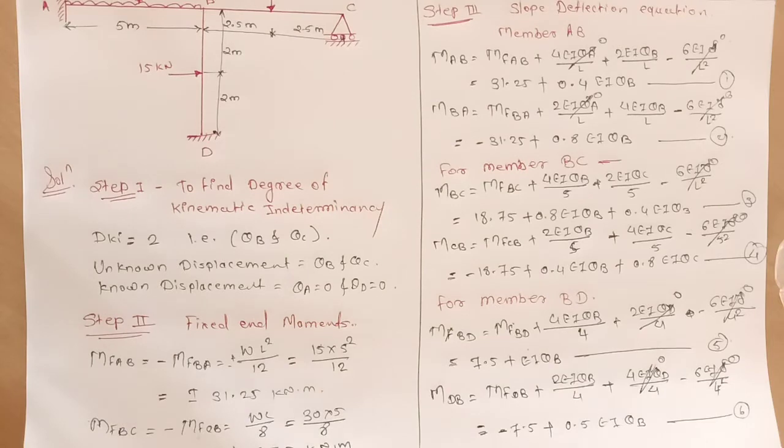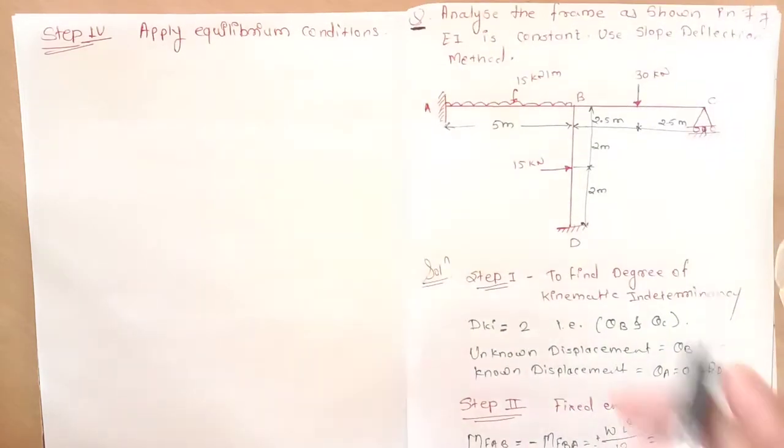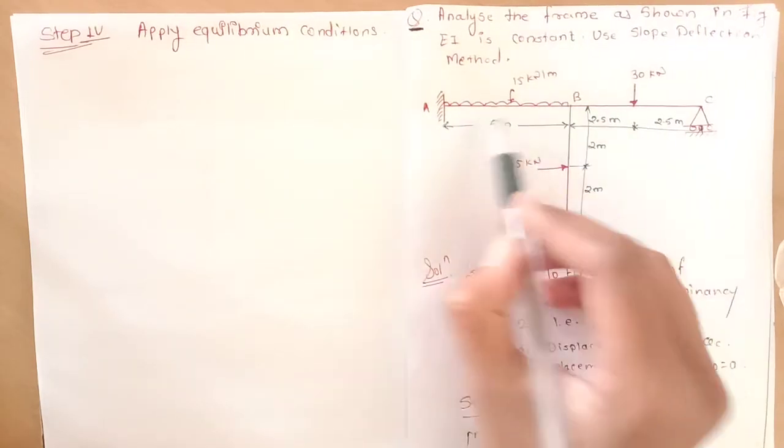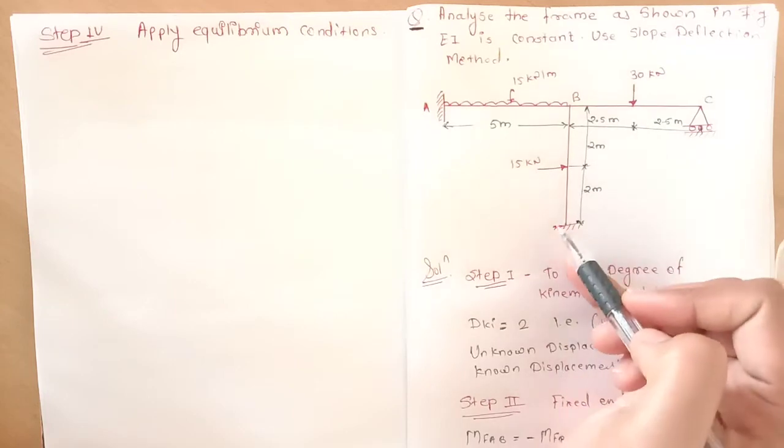After that, step number 4, apply equilibrium condition. First, apply the equilibrium condition at joint B. Here you can see that at point B three members act, that is BA member, BC member and BD member.